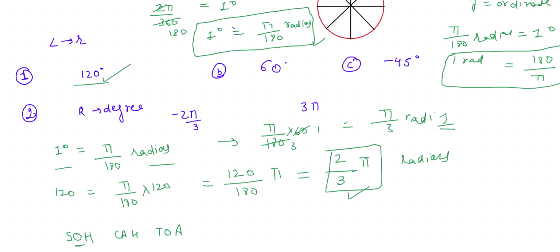And for minus 45 degrees, just a sec. Yeah. For minus 45 degrees, again multiply pi by 180 with minus 45. Then you will get minus 45 by 180 into pi. Just solve this.